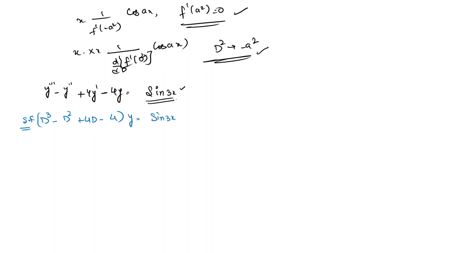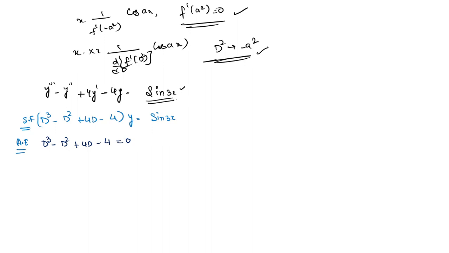Now we have to write the auxiliary equation. It can be written as D cube minus D square plus 4D minus 4 equal to 0.